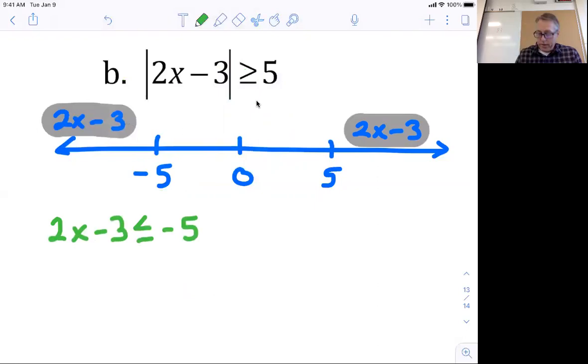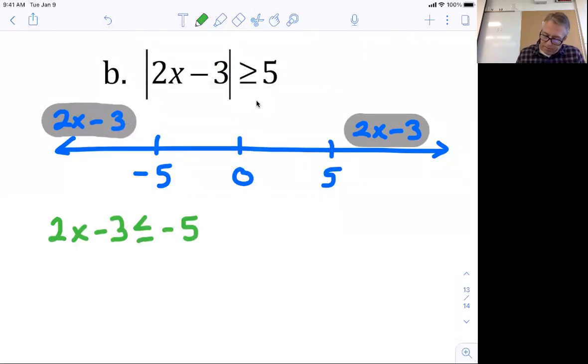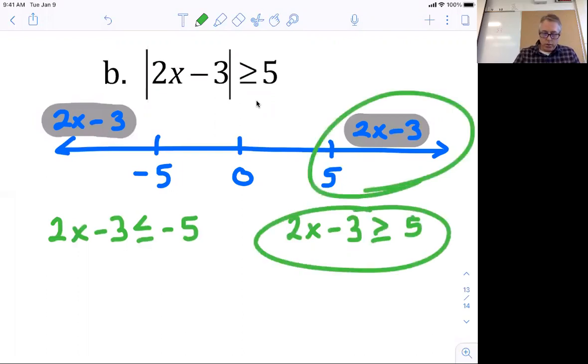On the right side, the 2x minus 3 has to be to the right of or bigger than +5. So 2x minus 3 would be greater than or equal to +5. So this visualization yields that equation.